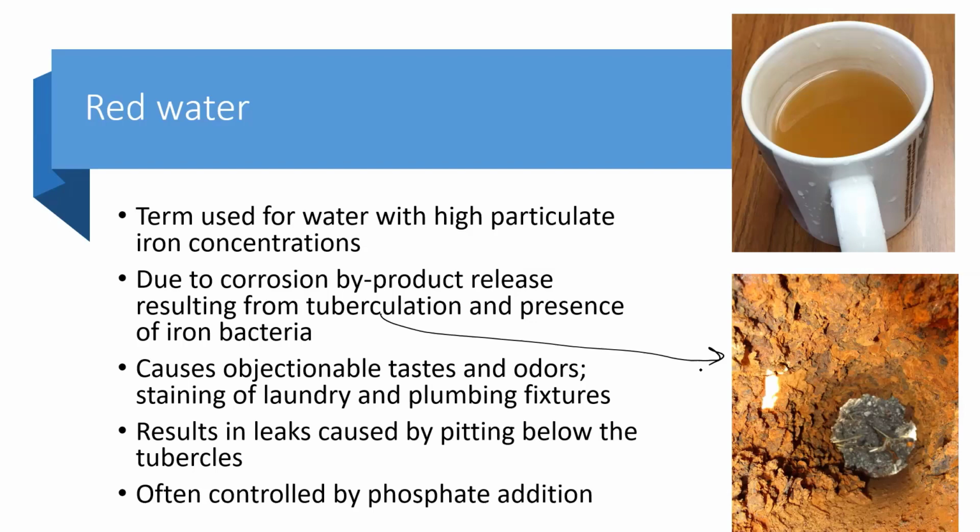It results in the presence of iron bacteria, causes objectionable taste and odor, stains your laundry, can stain plumbing fixtures, can actually result in leaks in the distribution system. You get pitting underneath these tubercles, and it's often controlled by phosphate addition.